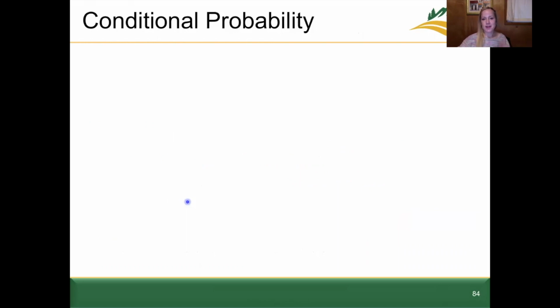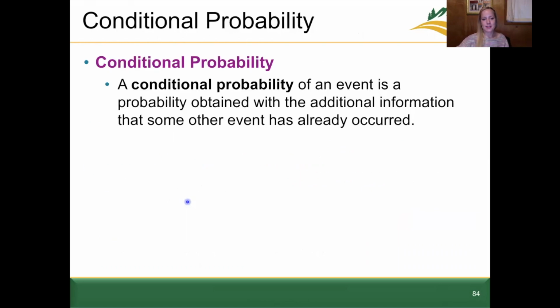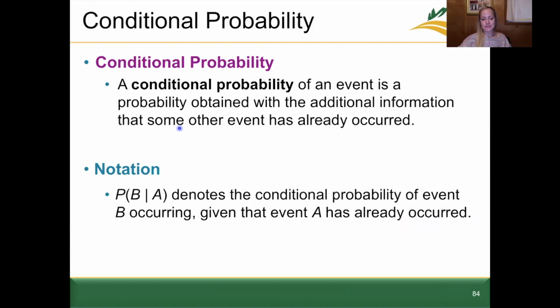Next, we're going to talk about conditional probability. So conditional probability of an event is a probability obtained with the additional information that some other event has already occurred. Before we do examples of this, let's talk about the notation. So you've seen this before for the multiplication rule. So here, the probability of event B occurring with a line here, and then A occurring.